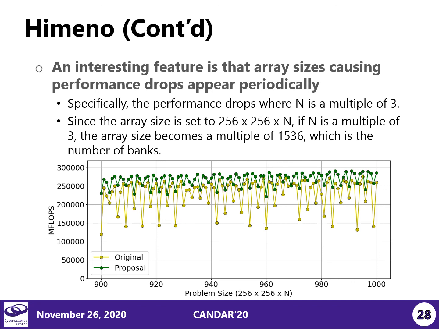That means the total number of banks, because the vector engine's memory interleave uses a round-robin method. In such a case, memory access occurs at a specific bank simultaneously. Our proposal can automatically prevent such a situation, so it can consistently achieve high sustained memory bandwidth.